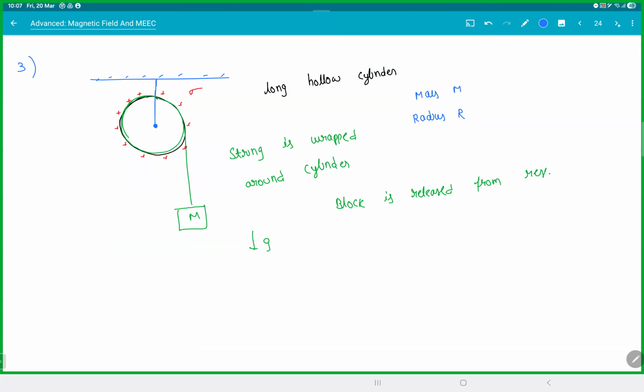If the cylinder rotates, something happens. Don't start the problem without figuring out what happens. Get an idea. Oh, this is happening, therefore this is happening. Then start. If you don't get that, there's no point in putting pen on paper. No pressure. Take 2 minutes.